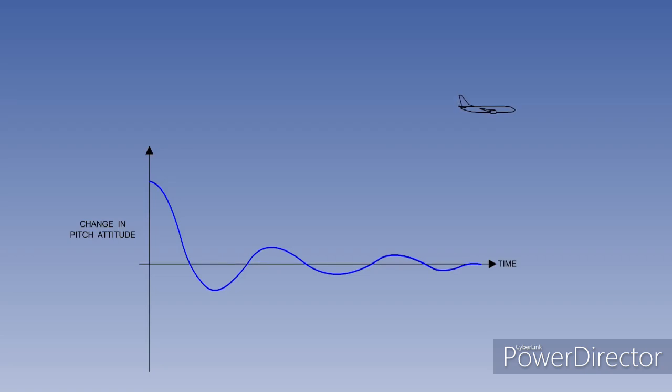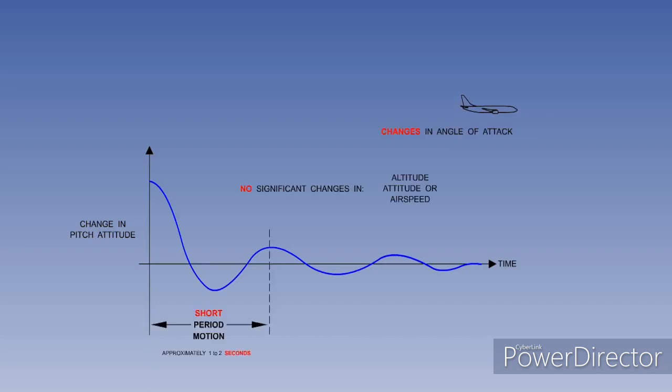There is no significant change in altitude, attitude, or airspeed. The period of motion of 1 to 2 seconds is close to the normal pilot response lag time. There is the possibility that an attempt by the pilot to forcibly dampen oscillation may make it worse and produce instability.